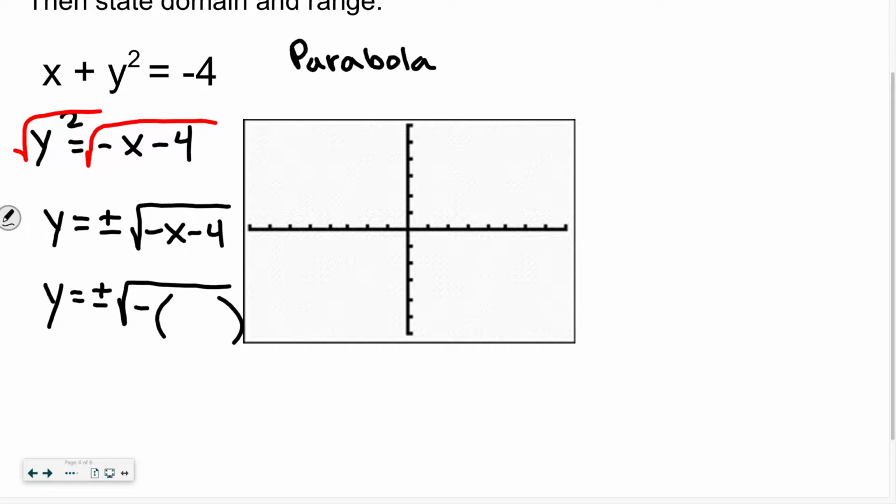But that reflection in the y-axis has been applied to both of these numbers, like it's been distributed. So I have to factor out the negative. What's left over? x plus 4. And this is really a shift left 4. So this graph goes left 4 and is reflected in the y-axis.